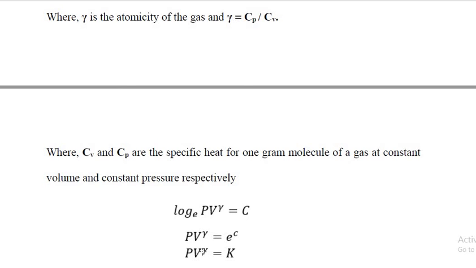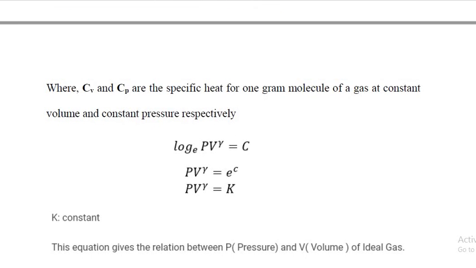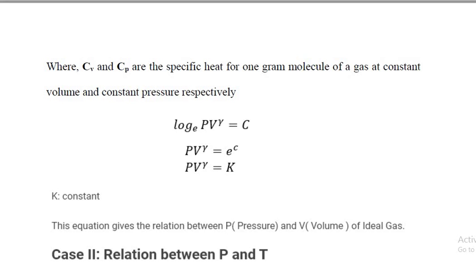So P V power gamma is equal to constant k. Now this equation gives the relation between pressure and volume of an ideal gas. So what is our heading? It is the relation between pressure and volume of an ideal gas in the case of adiabatic process.